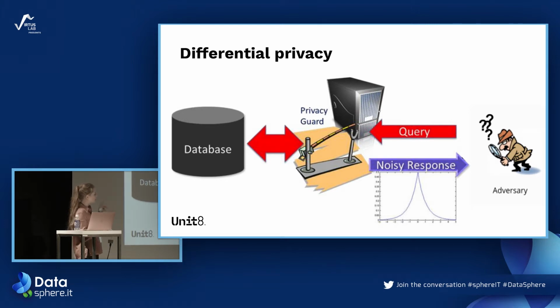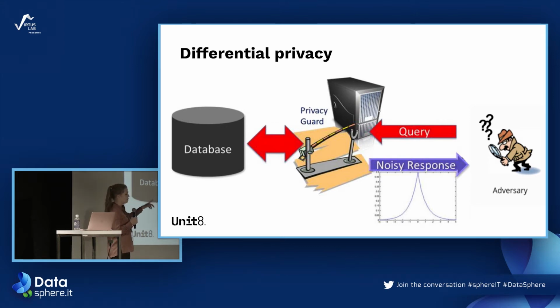We will call it the privacy guard, and the privacy guard is assessing the privacy impact, the sensitivity of that data. It is helpful to understand how much individual user data influences the result of the calculation. And then the privacy guard sends the query to the database.